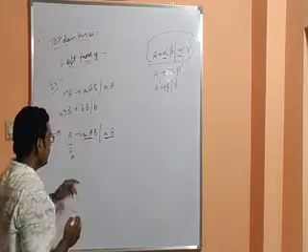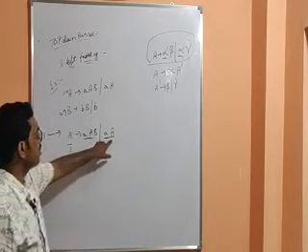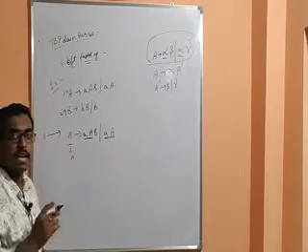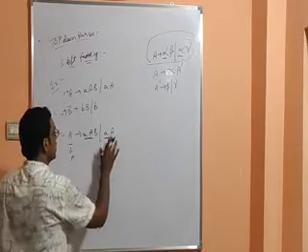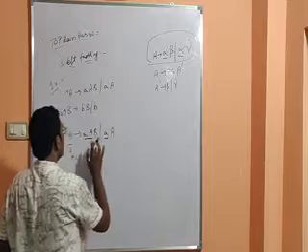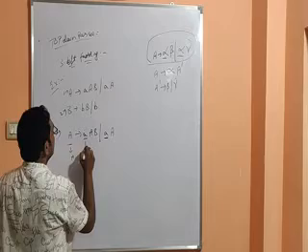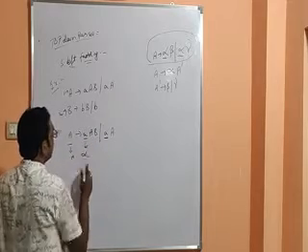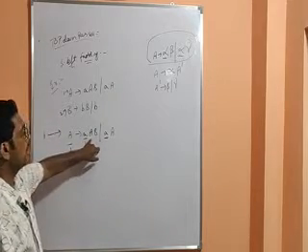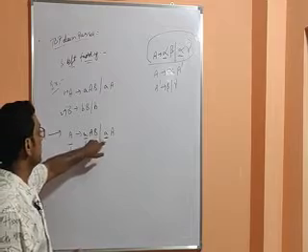Even though capital A is common here and here, we will not consider capital A. Why? Because we will not take non-terminals, we will consider only terminals. That is why here alpha is a, and I have not considered this A value.